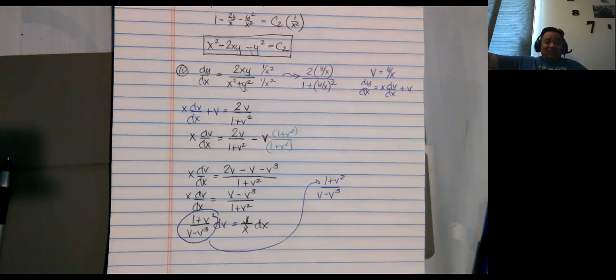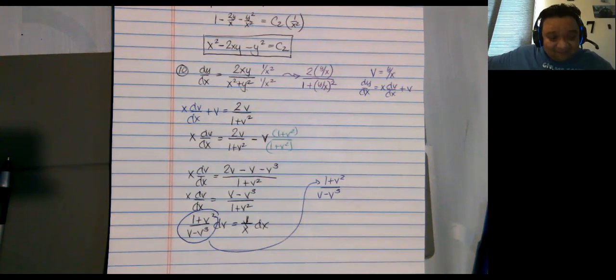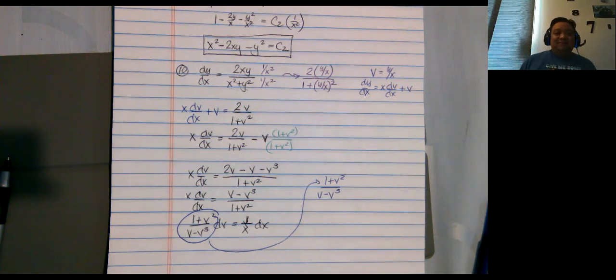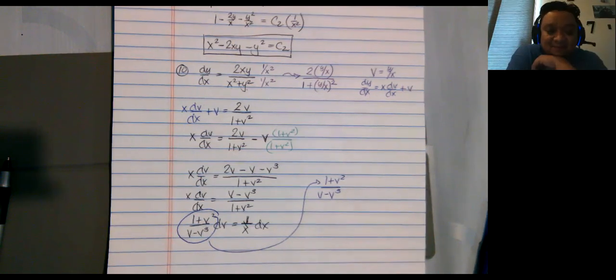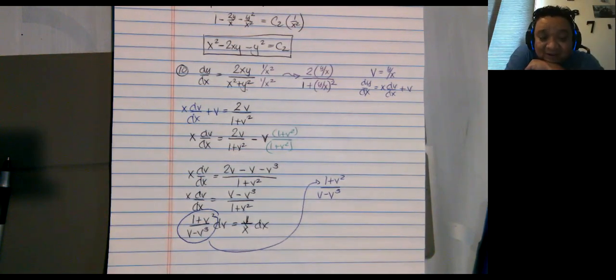So I don't think that's going to work. So how do I do the left side?